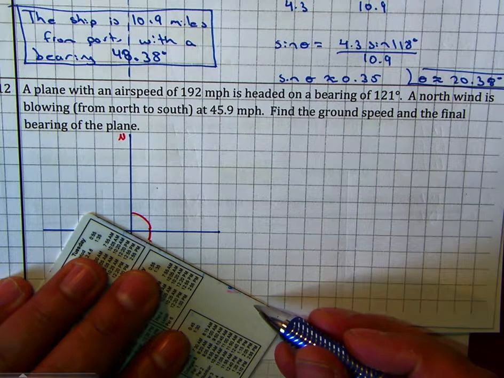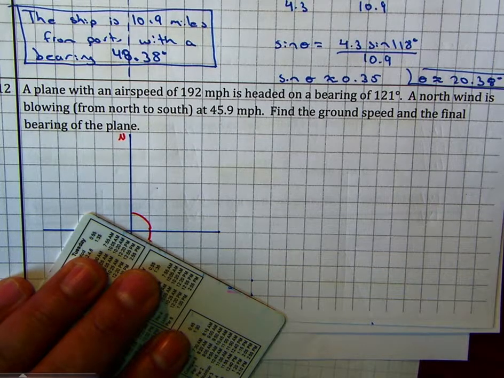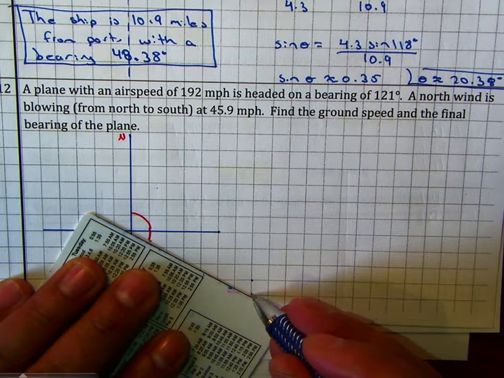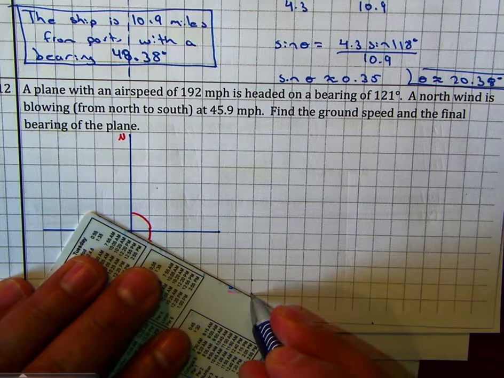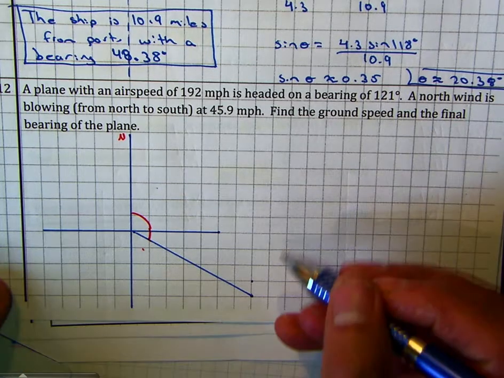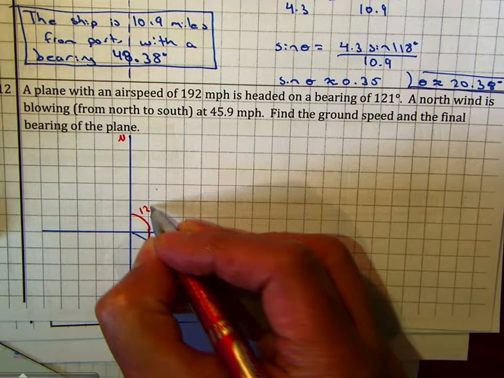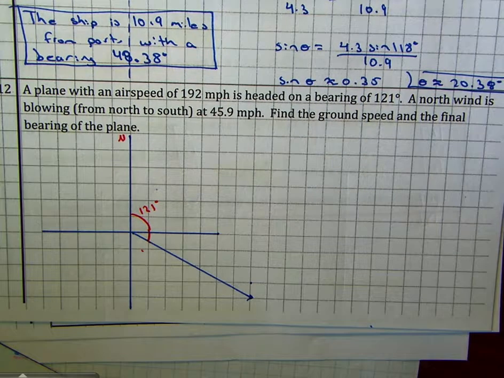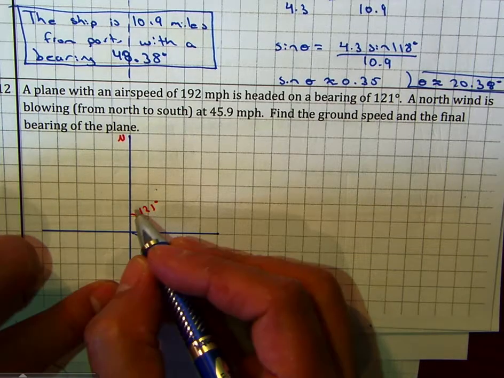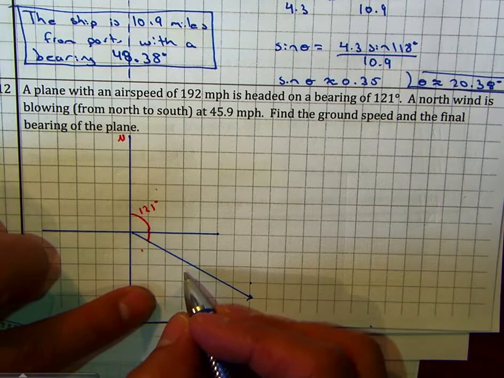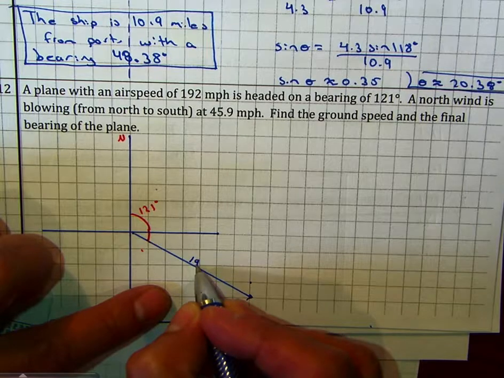You want to make sure that you always get to the grid, so I'm just going to place it here. So this angle is 121 degrees. That is 90 plus 31 more. This side is 192 miles per hour.